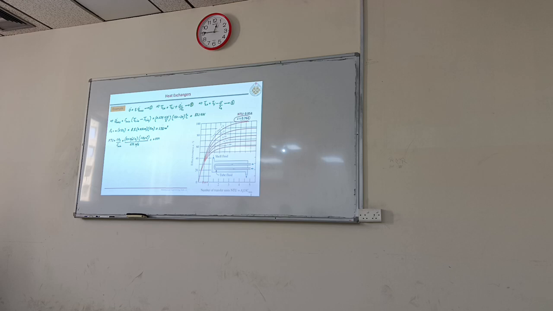Otherwise, you have the table of equations, but the chart is easier. Here is NTU and here is C, 0.76, so somewhere here. Here is the effectiveness. How much is it? About 0.47.